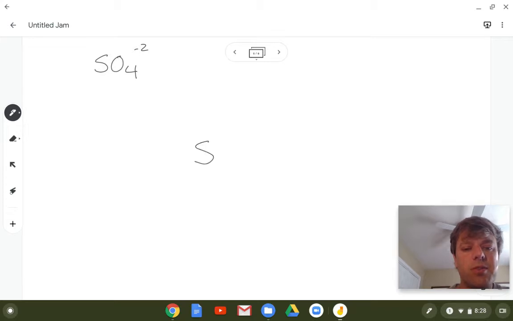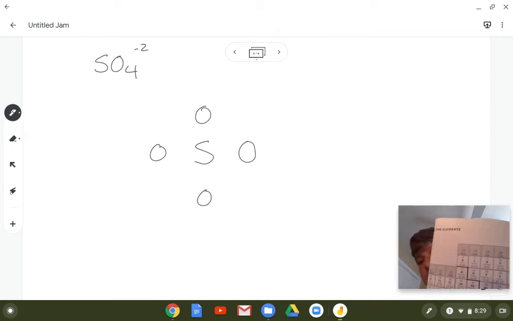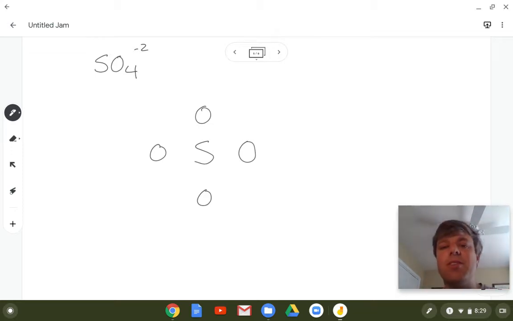So we're going to put sulfur in the middle. We're going to put some oxygens around them. And if we check our reference tables, both sulfur and oxygen are in group 16. So they have 6 valence electrons. So that is 6 plus 6 plus 6 plus 6 plus 6. Add all that up, 12, 24, that's 30 valence electrons.